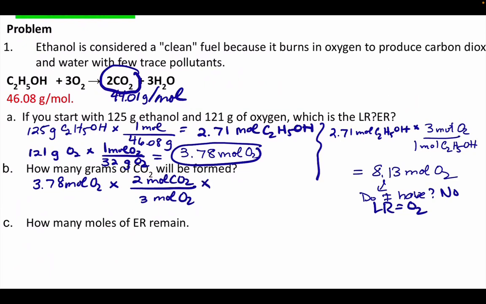And then the grams, the molar mass of carbon dioxide. So anytime after you know who the LR is, you always start with the LR to determine, in this case, how much of the product is formed. So when I do this, I get 111 grams of CO2.